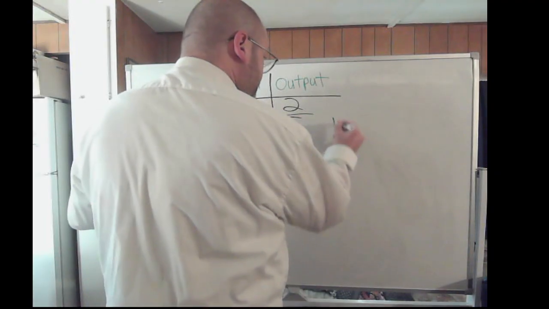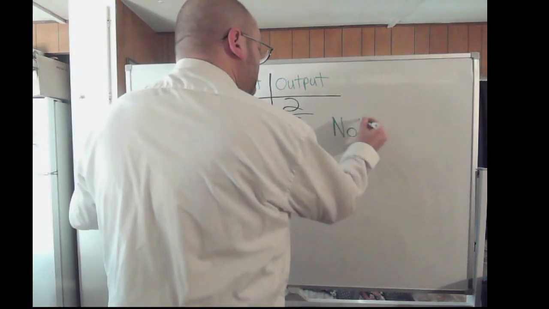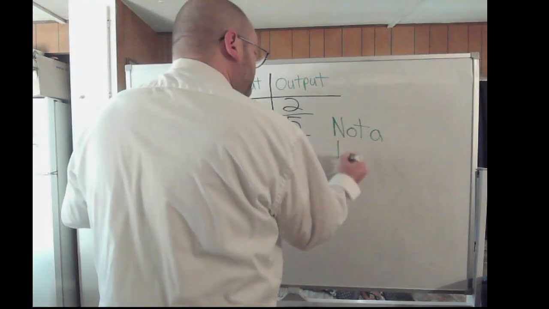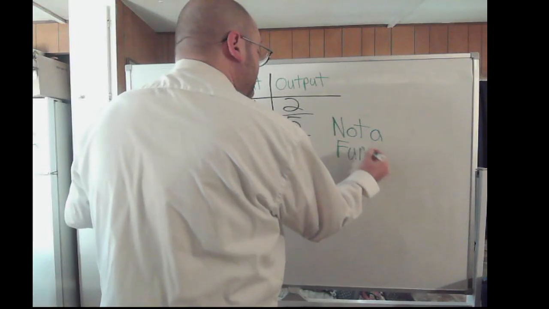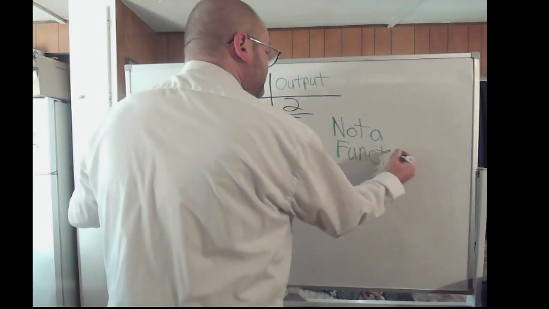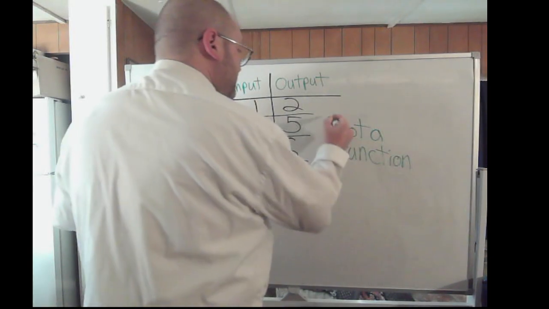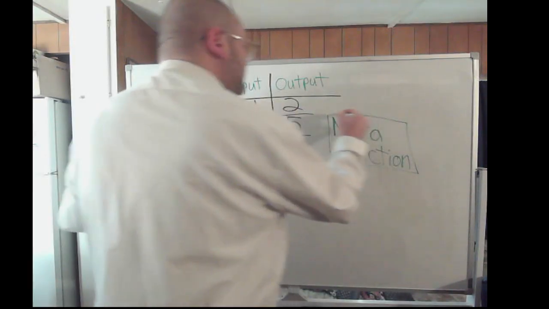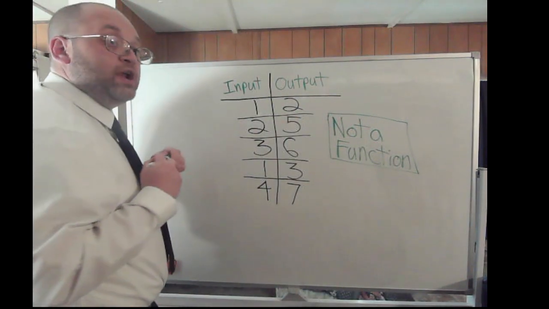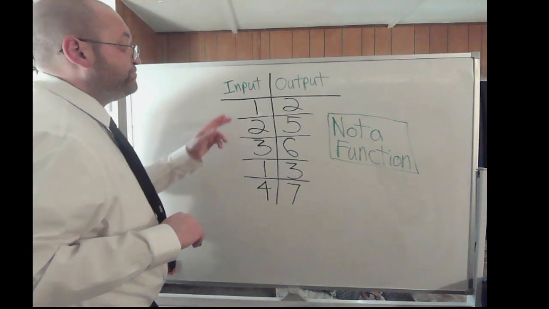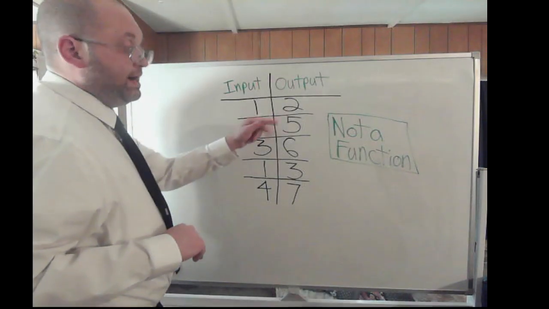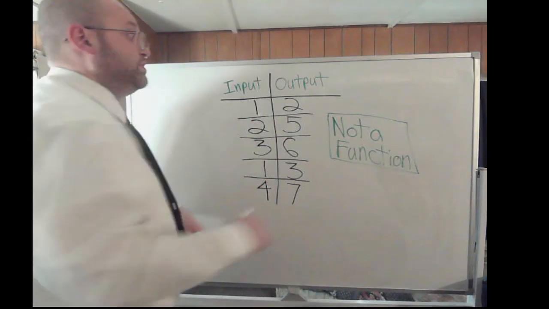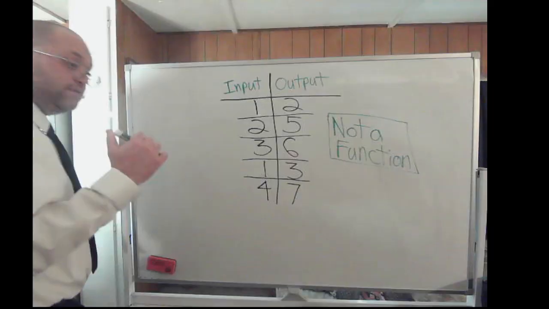It's a relation because in order for it to be a relation, every input must have at least one output. But for it to be a function, every input must have one and only one output. Well, the input 1 has two outputs of 2 and 3, so therefore this system is not a function.